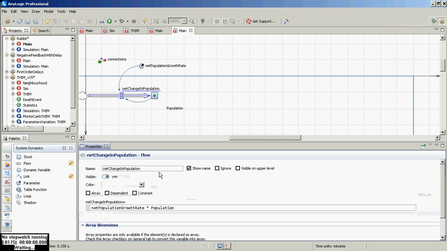So, ladies and gentlemen, can anyone give me the formula for this in terms of the state equations, in terms of the differential equations? What's the formula for this? Let's call the population X. What's on the left-hand side?